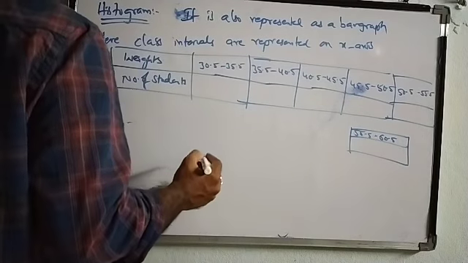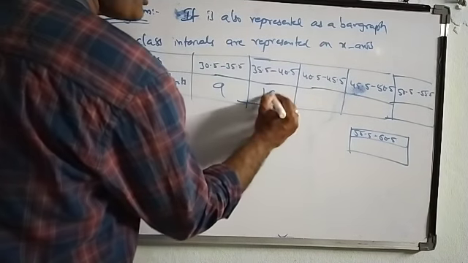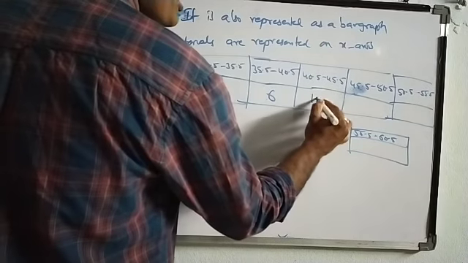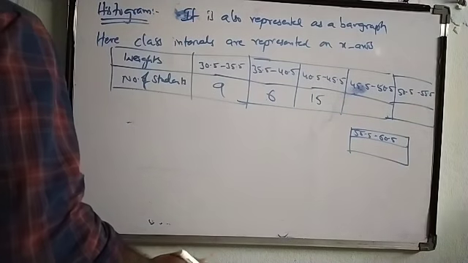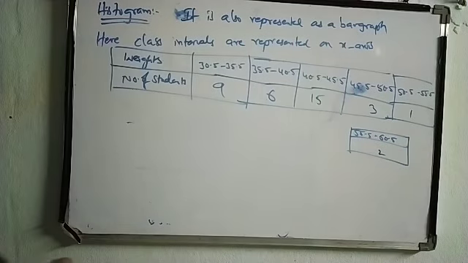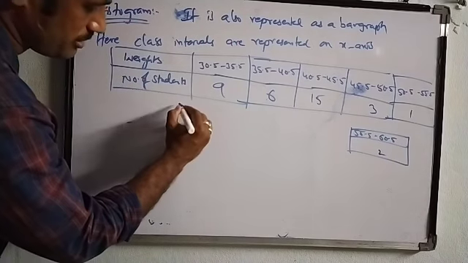The frequencies are 9, 16, 9, 6, 15, 3, 1, 2, 3, 1 and 2. This data we are going to represent in terms of a histogram.